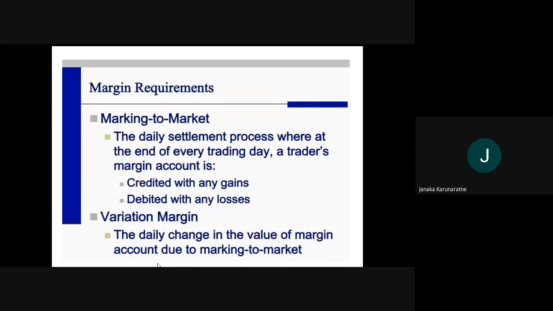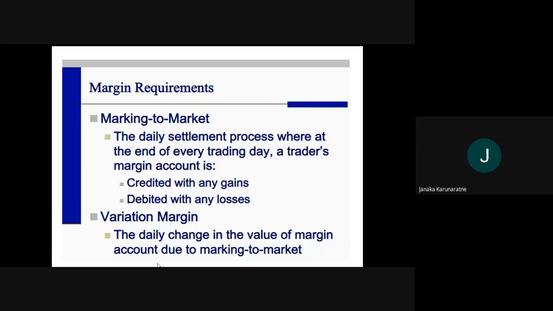Then, I mentioned marking to market. Marking to market is a daily settlement process where at the end of every trading day, the trader's margin account is credited with any gains. If the position you are holding goes up, the gain is credited to your account.